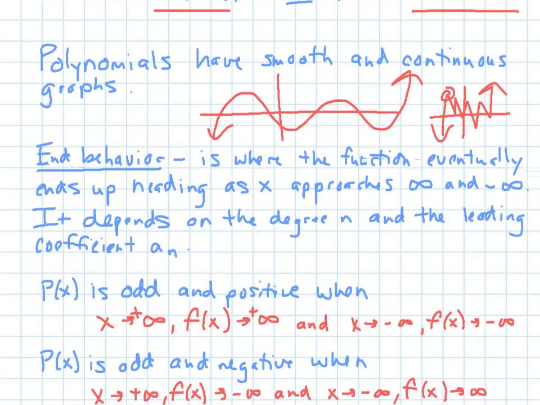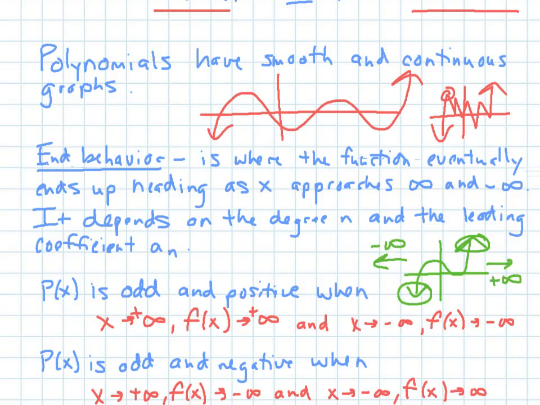The end behavior of a function is going to be what the graph eventually ends up heading to as x approaches infinity and negative infinity. Okay? It depends on the degree n and the leading coefficient of a sub n. So what I mean is, when you're looking at a graph, we're looking at where the arrows are going as you head to negative infinity and as you head to positive infinity.